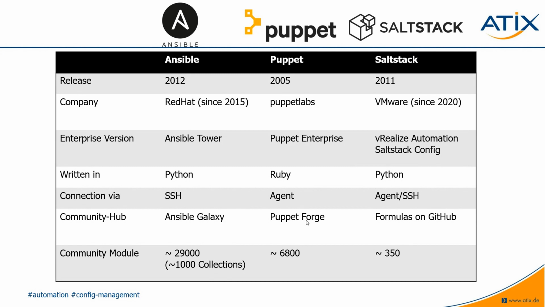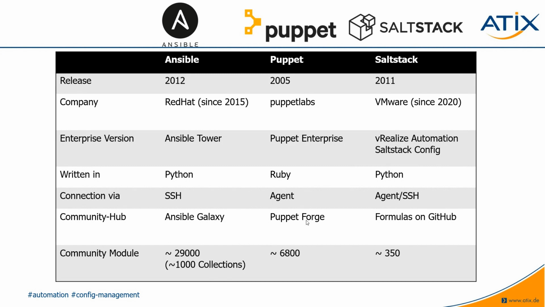And if we only have a look at numbers, the amount of community modules available in Ansible, which is the Ansible Galaxy, is around 30,000 roles. And from those, 1,000 are collections. So they changed a bit how to share those roles and code things and implemented collections.